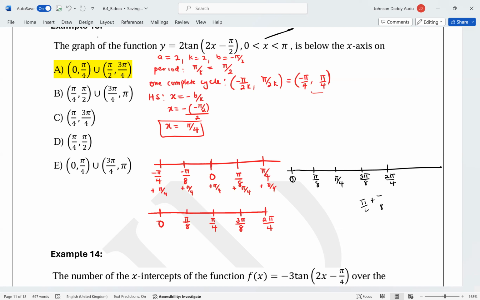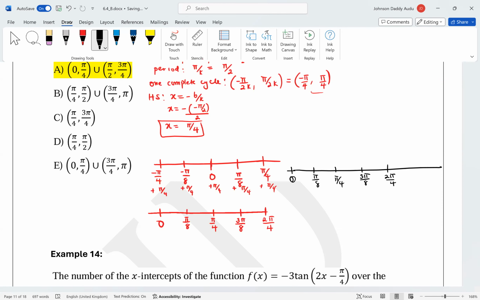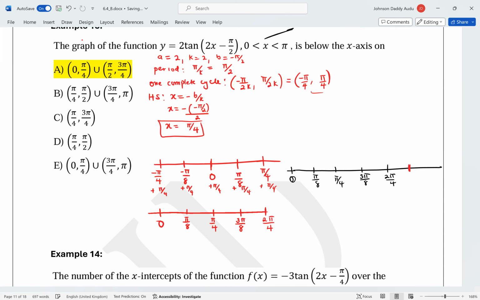So if I want to get the next point here, let me use a different marker. All we need to do is to add pi over 8 to this one. And if you add pi over 8 to this, you can multiply by 2 over 2.